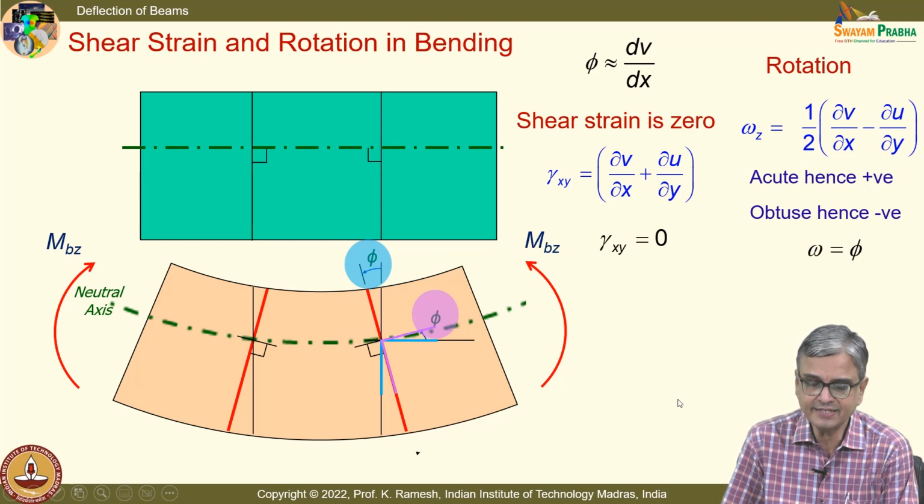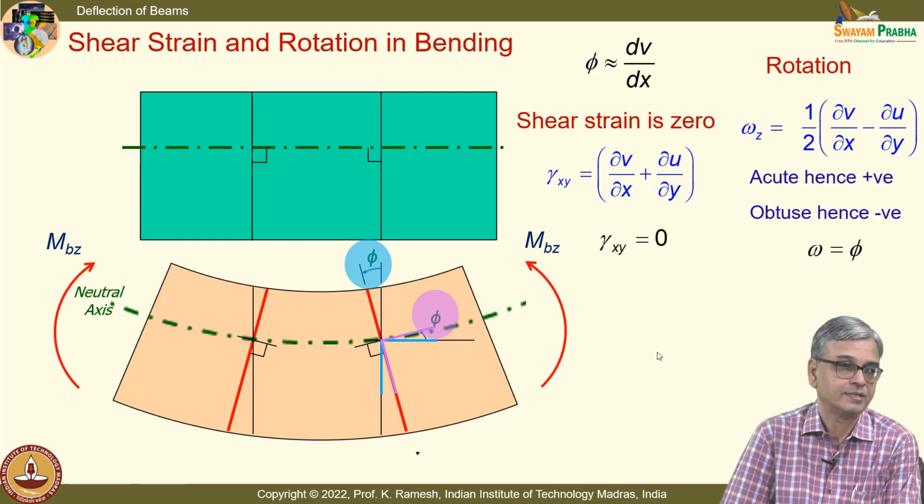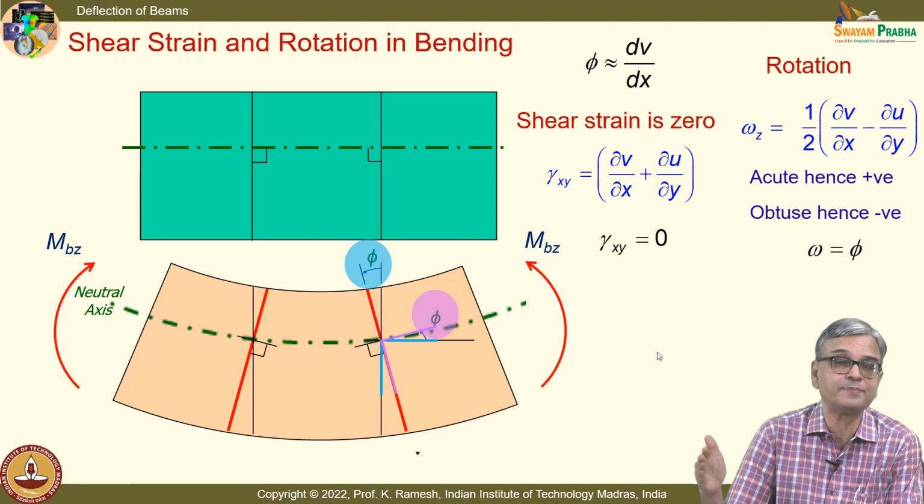And you can easily see that what you call rotation is the slope phi from this expression. If I use gamma xy, they are equal and opposite. If I use this, I will finally get this omega as angle phi. So, what you get as slope is nothing but the rotation that takes place along the beam.